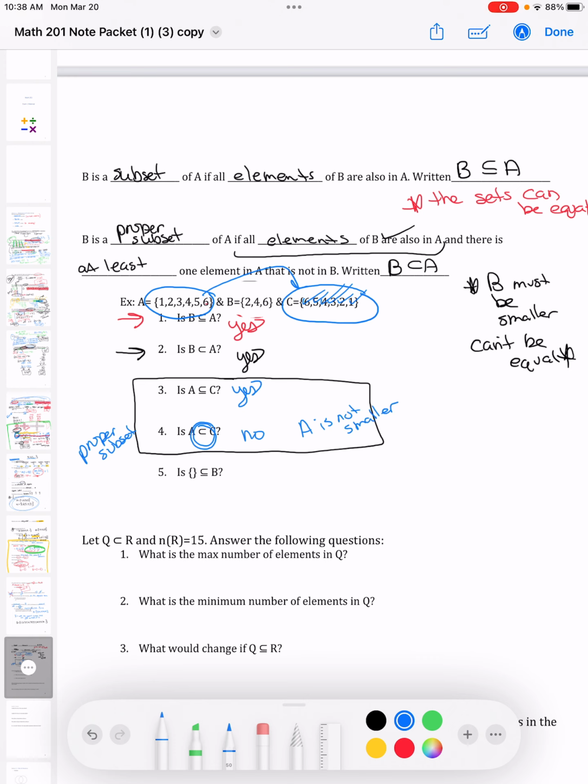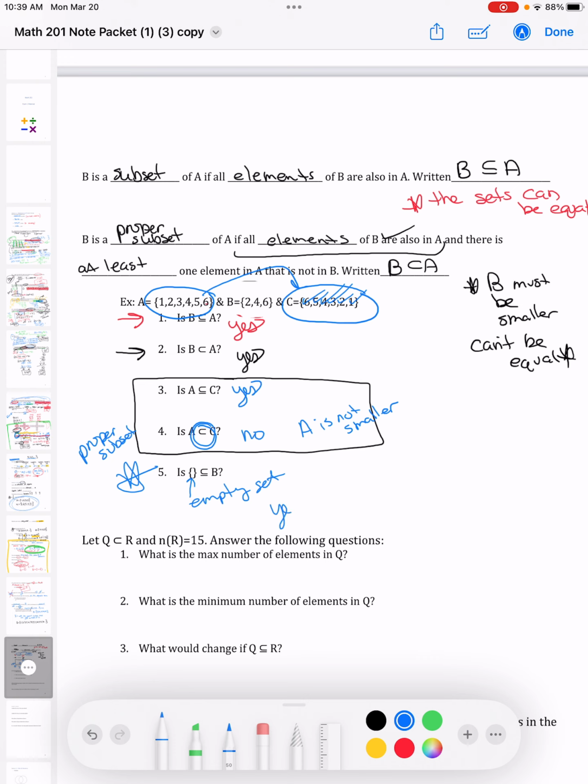You don't need that explanation there, but I'm going to put it that way. If you have questions when you're looking back over your notes and working the homework problems, you'll have that as a little bit of support on why that one wasn't true. Now, this last one is kind of just a definition, abstract thinking. We've got that empty set. Is the empty set a subset of B?